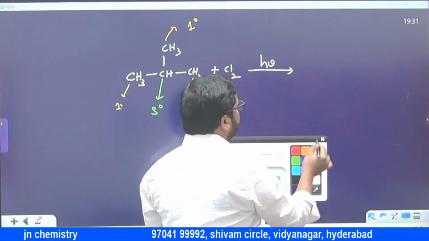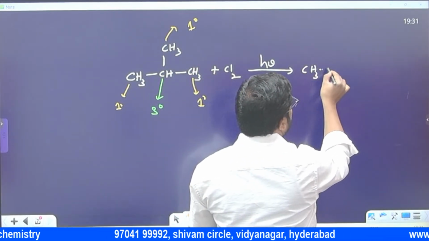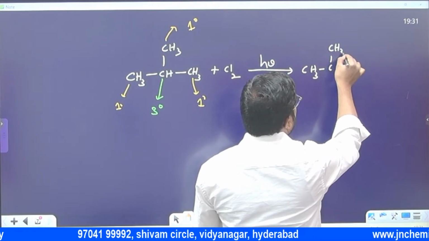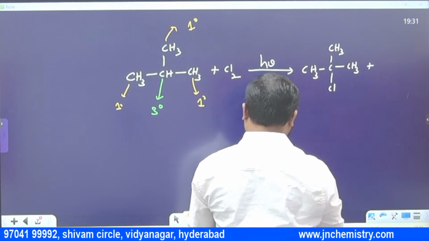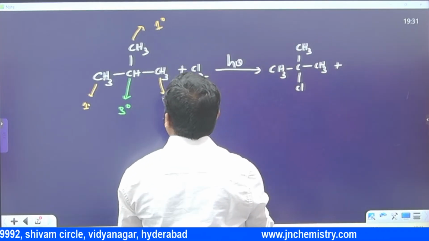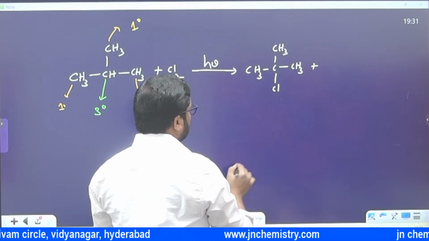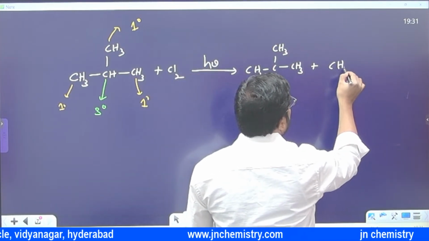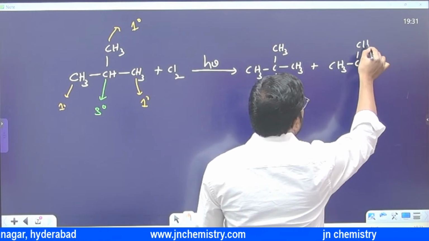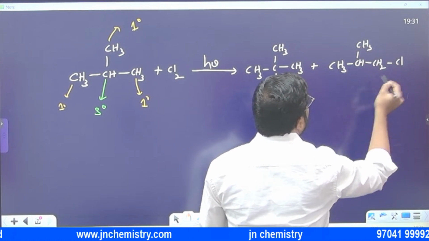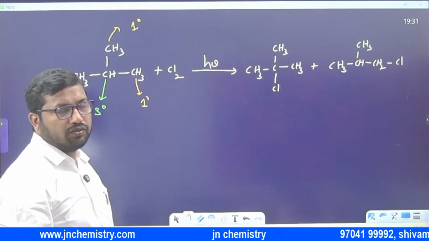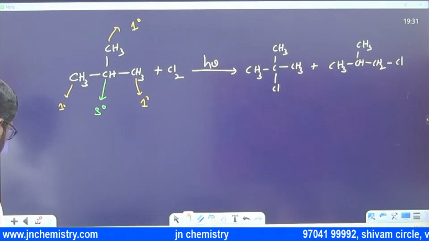You will get CH3, CH3, for example in the tertiary case, one compound, and one more is CH3, CH3, CH2Cl. Let me know the percentage. Two cases, let me know the percentage.